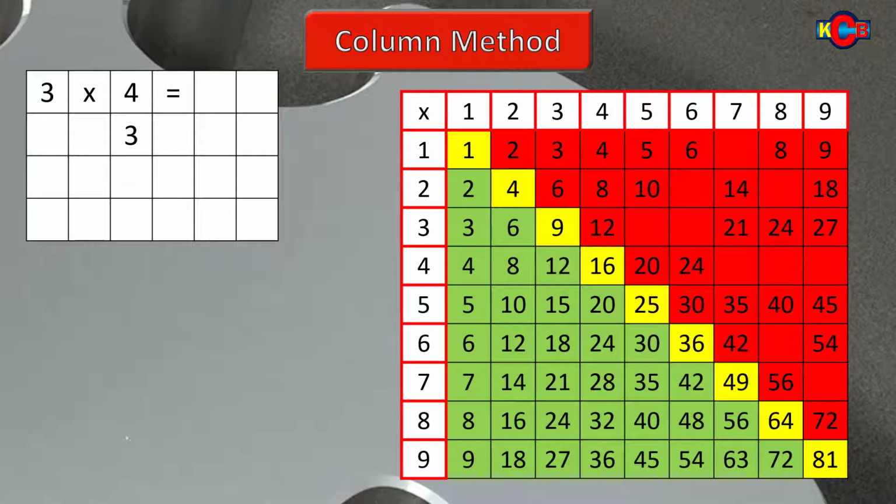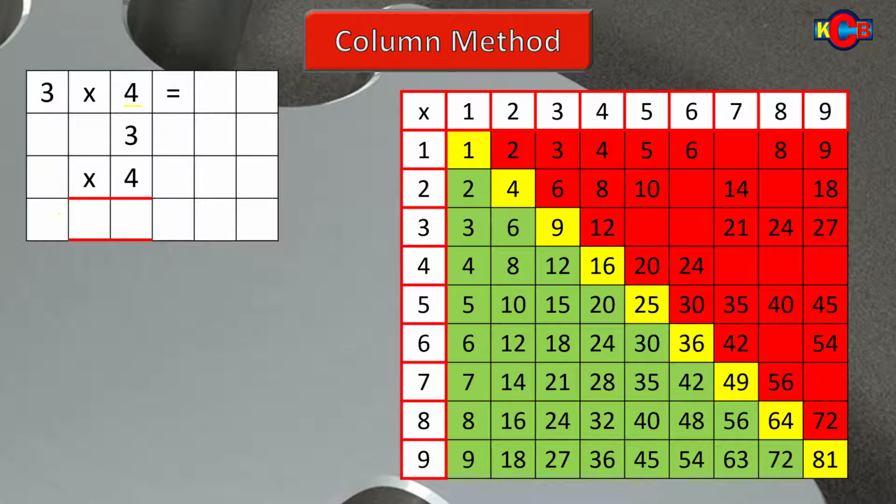Then here we write the symbol of multiplication. Next, write 4. Make sure 4 and 3 are aligned properly. Use the boxes in your exercise book to guide you. Write 2 lines for the area for the answer.